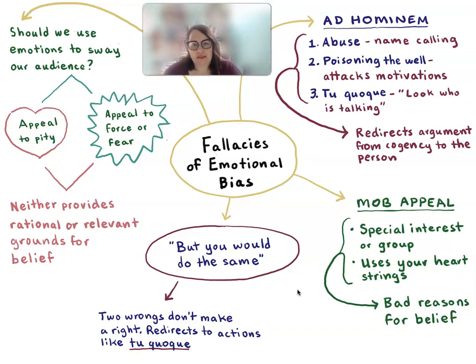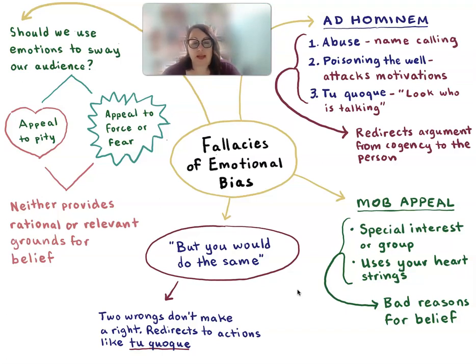Then when we look at the emotional appeals, they're slightly different, and I think it's important to get it right between what's an ad hominem and what's an appeal to emotions. So appeal to emotion could be pointing to anything.